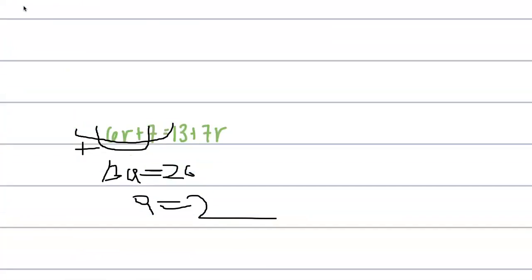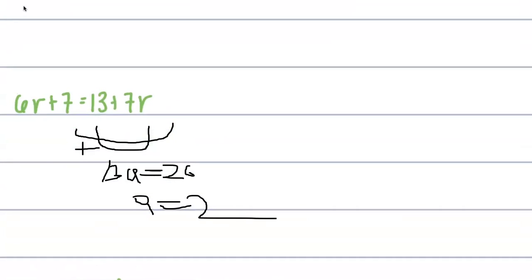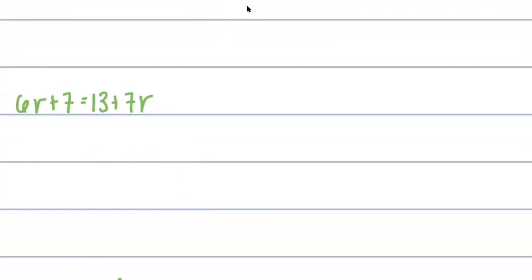Okay, anybody want to explain how they did the second one? Okay, I can just go through it really quick. The first thing you want to do is subtract 6r from both sides.